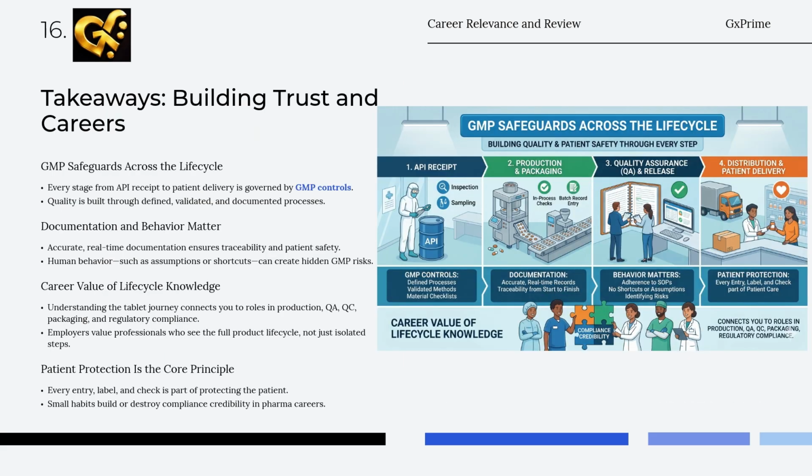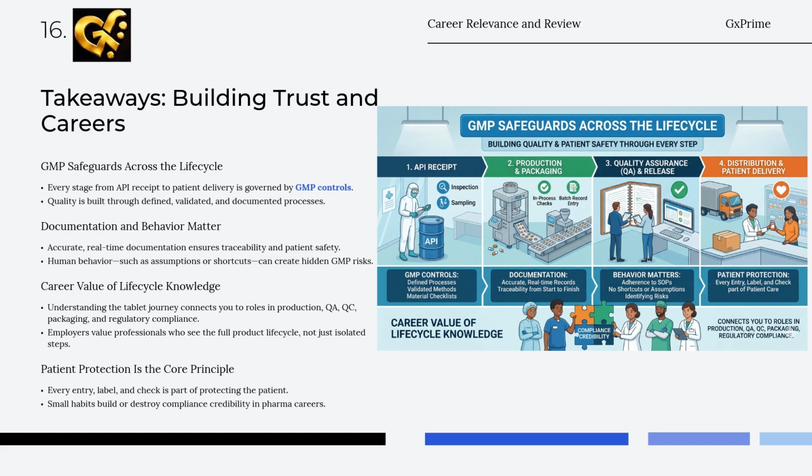Takeaways: building trust in careers. To conclude this module, every stage of pharmaceutical manufacturing, from API, active pharmaceutical ingredient, receipt to patient delivery, is governed by GMP controls. Quality depends on defined procedures, validated systems, accurate documentation, and responsible human behavior.